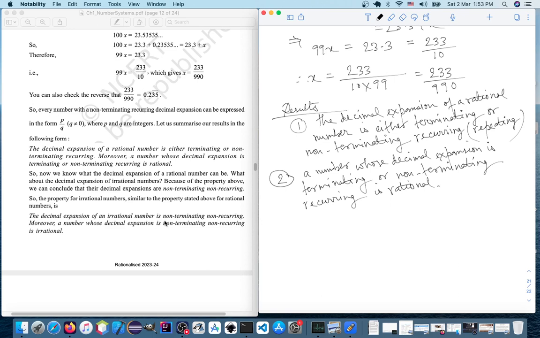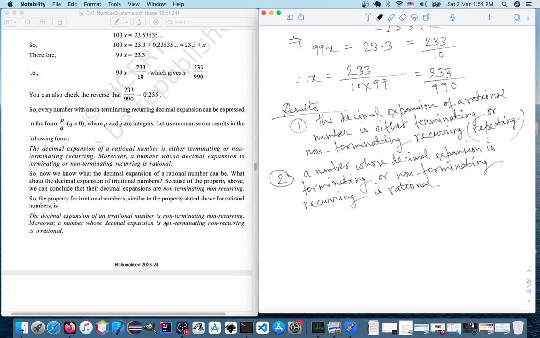So from this we can easily conclude that if a number is irrational, then definitely its decimal expansion will not be terminating, because in that case it would have been rational. So the only option about the decimal expansion of an irrational number is that it will be non-terminating and non-recurring.